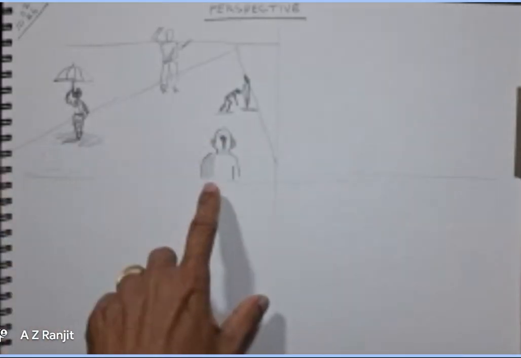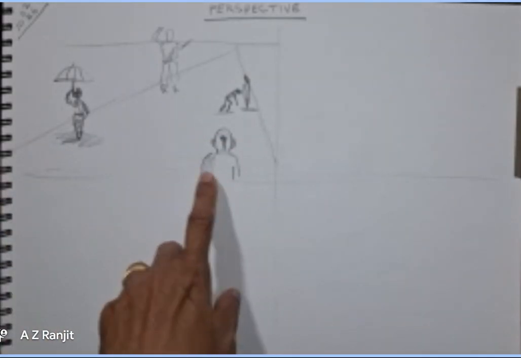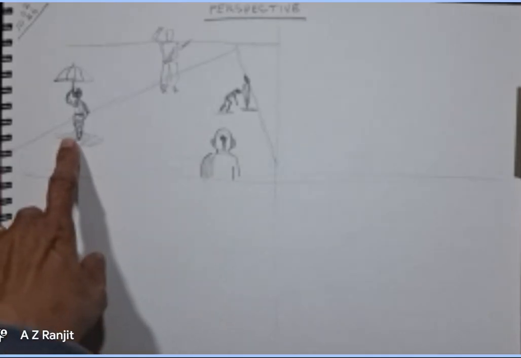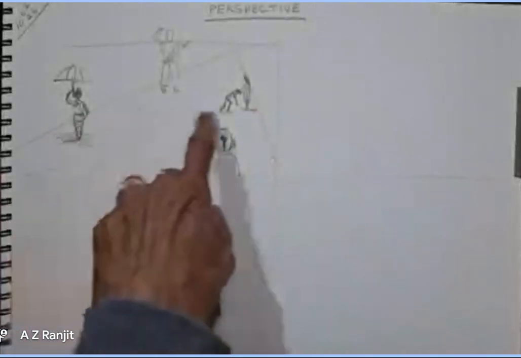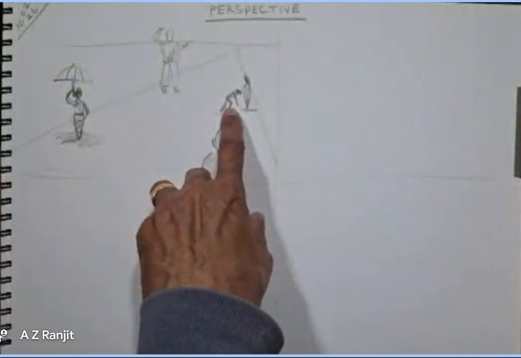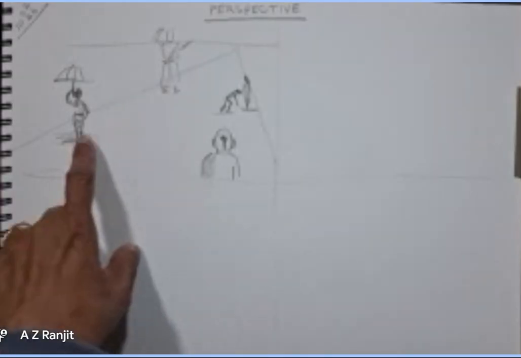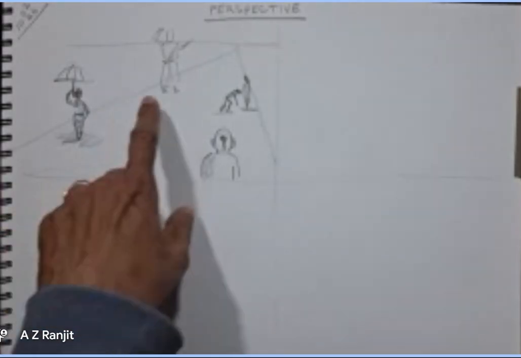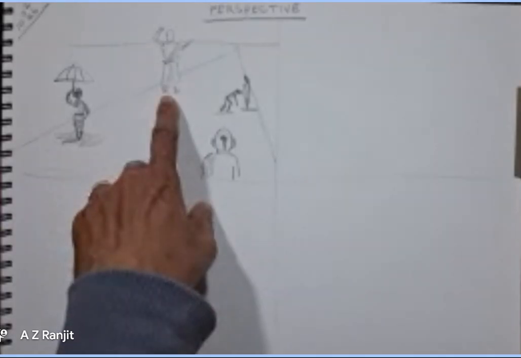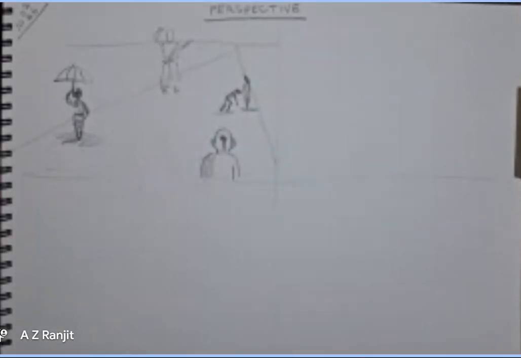Okay. But this person is very close. That person is mid distance. That person is a bit far away. So they seem to become small. Suddenly, this person is bigger than this person. Either this person should be a giant or this drawing is wrong.